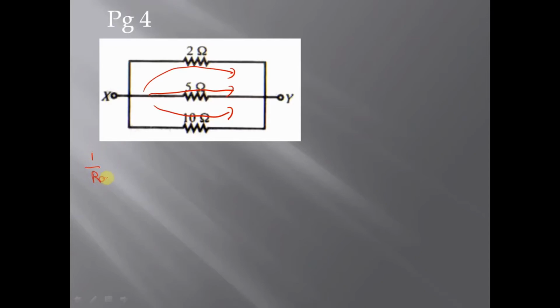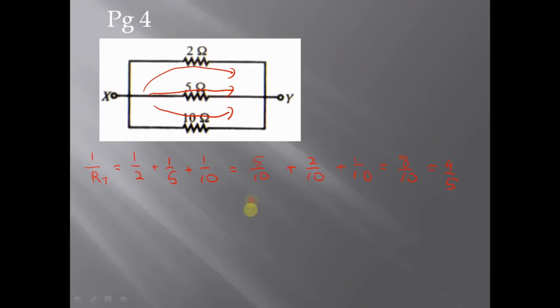1 over total resistance sama dengan 1 over 2 plus 1 over 5 plus 1 over 10. So kita cuba carikan yang sepunya, iaitu darab dengan 5 per 10 campur dengan 2 per 10 campur dengan 1 per 10. In the end of the day, dia akan dapat 8 per 10 iaitu 4 over 5.